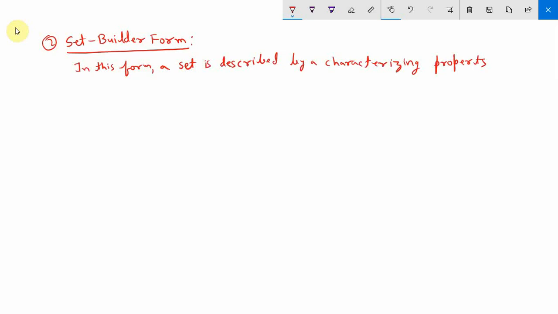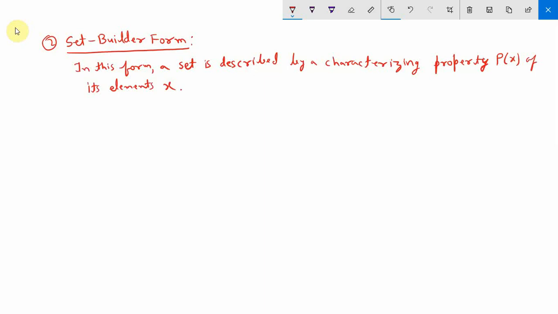If our element is x, the property can be denoted as p(x) of its element x. So set is defined by its characterizing property.